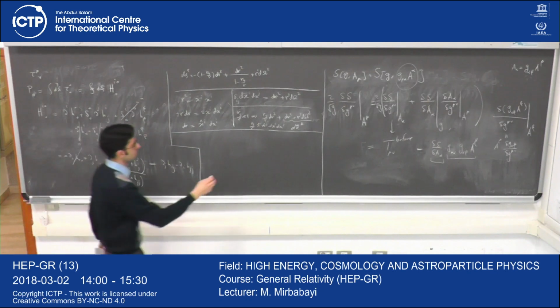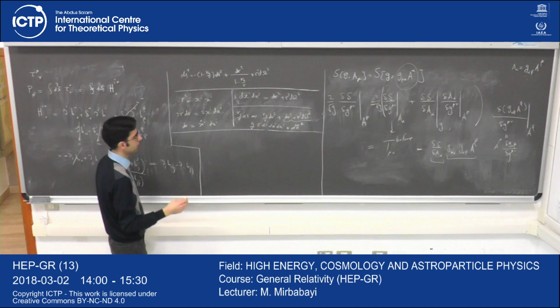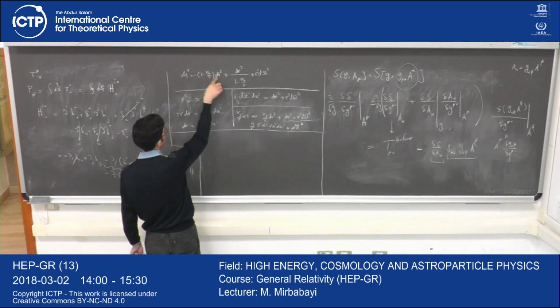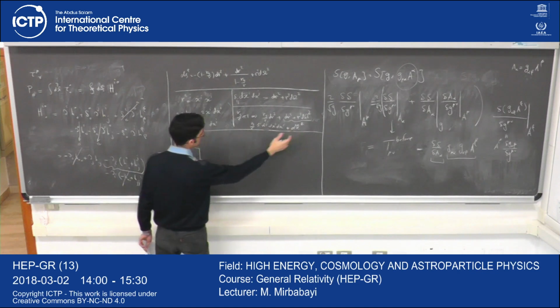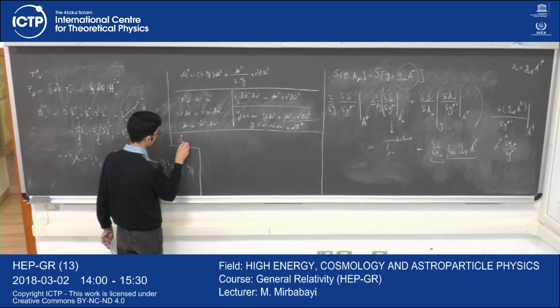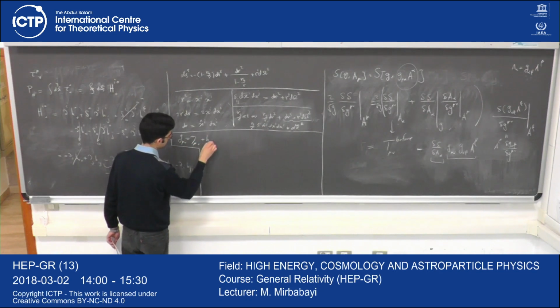So now I can identify the variations of the metric. There is of course a minus dt squared which combines with that and gives me the Minkowski metric. So I want to write g mu nu as eta mu nu plus h mu nu.